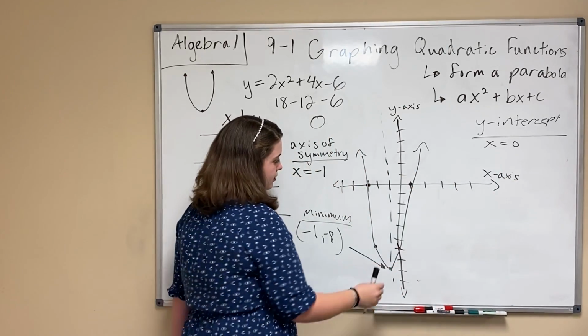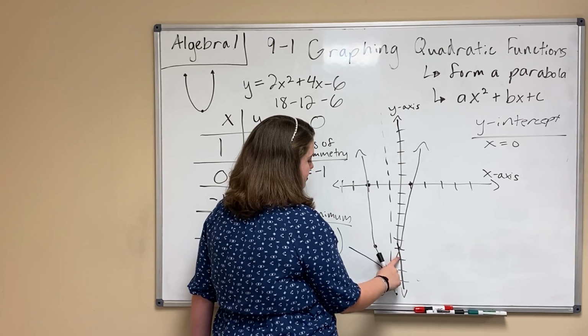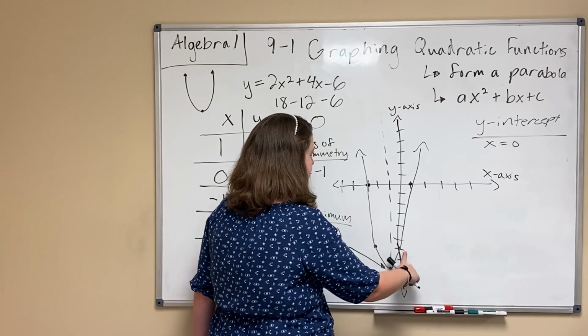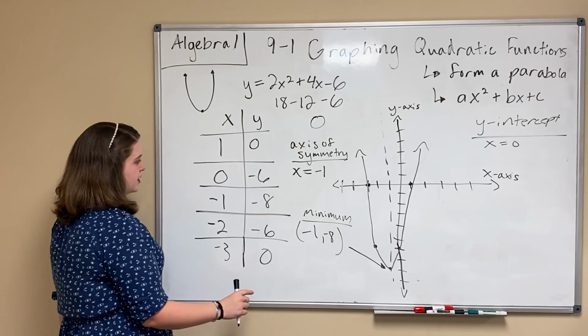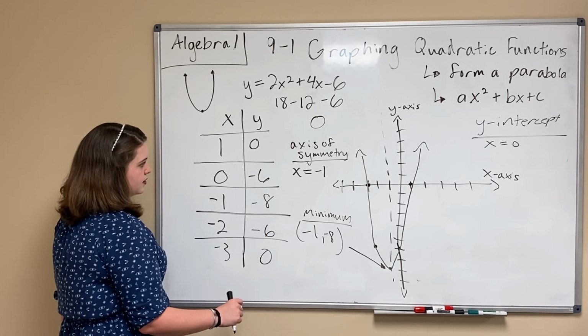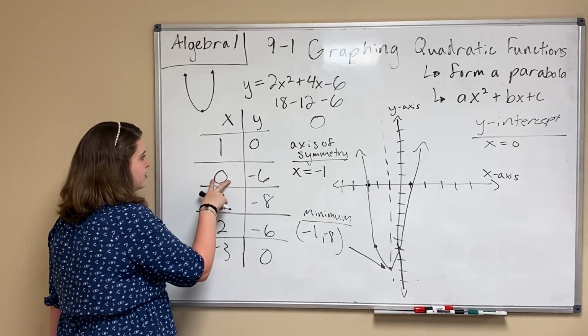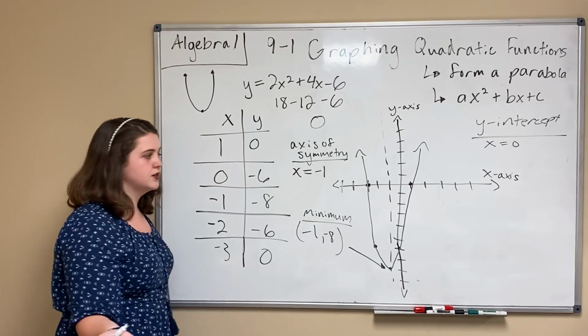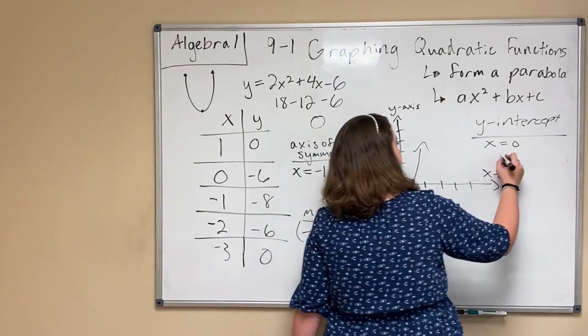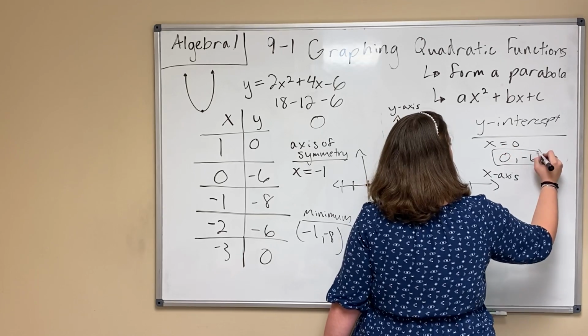So we could look on our graph, the place where our graph crosses the y-axis, which is -6, and we can verify that in our table as the place where x equals 0, y is -6. So our y-intercept is 0, -6.